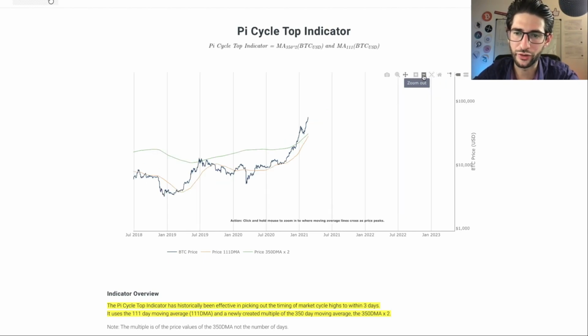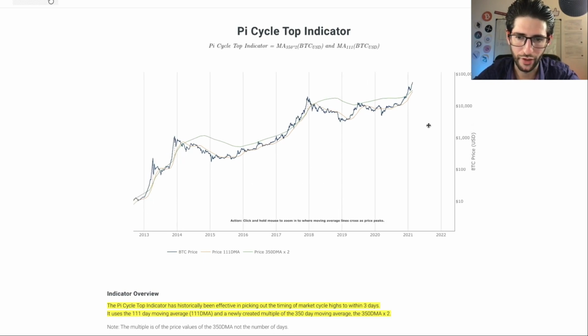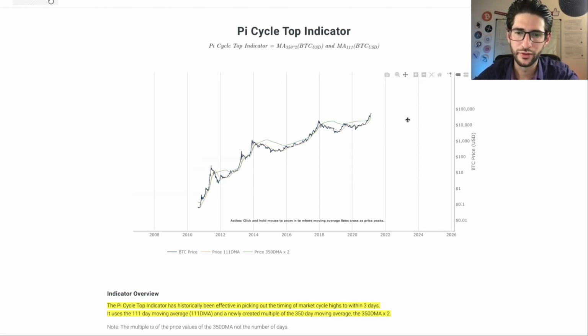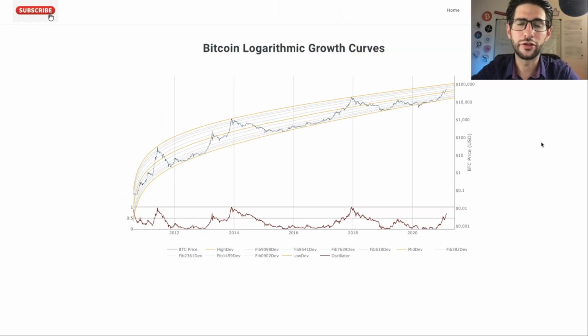But this indicator has always been exactly aligned with the peaks of the markets, and it's a very important mathematical indicator. So this will give you a 3-day accuracy on the top of the market in this bull market. Let's go into the next chart. This chart is the Bitcoin logarithmic growth curves. You can see this chart also in other places, like the rainbow chart.